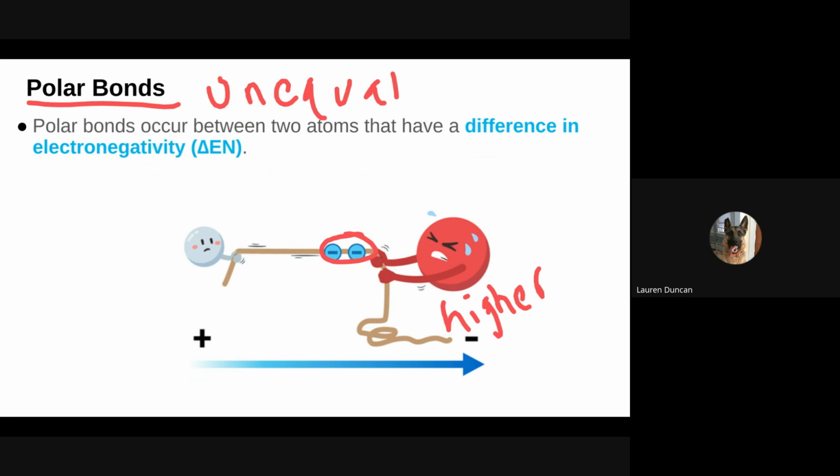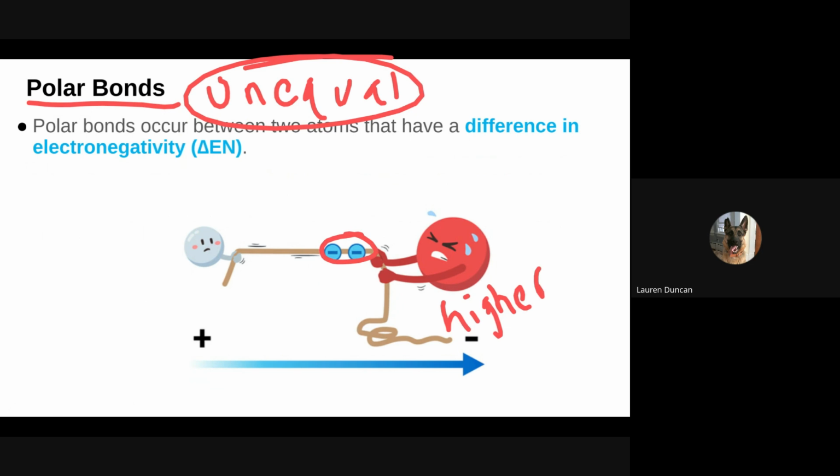So why is it a polar bond? Polar bonds have charged poles, positive and negative ends. Where do those poles come from? It comes from that unequal sharing of bonding electrons. The atom that is a better electron attractor, the one that kind of gains the electrons from the other atom, like that red atom pulling on the electrons harder, has a bigger electronegativity value, so it's kind of gaining them.